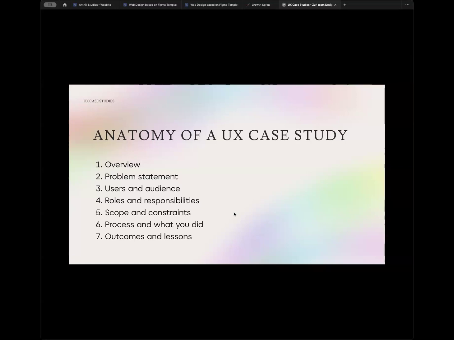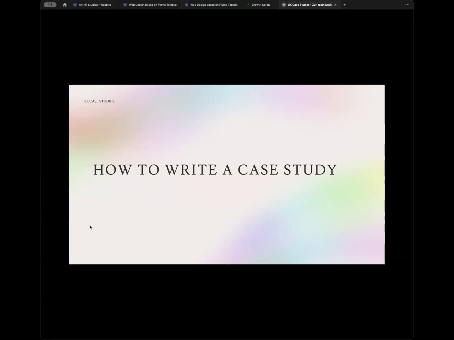This anatomy is key whenever you're writing a case study, because if you articulate your thoughts properly under each and every one of these outlines, then you'll definitely be fine.